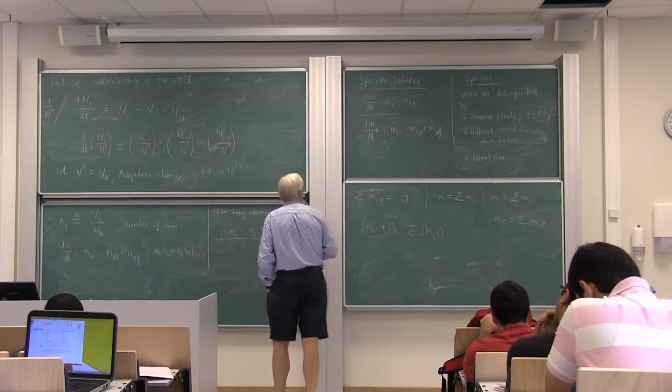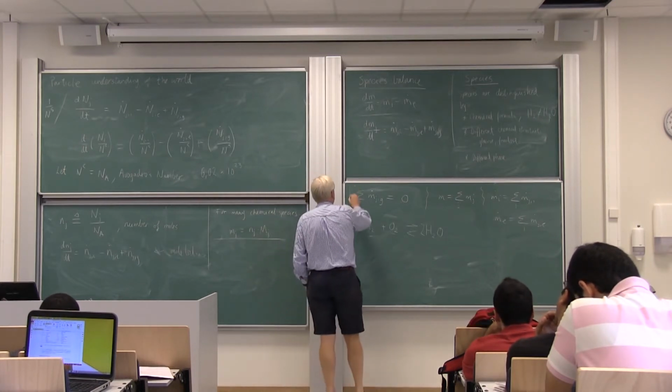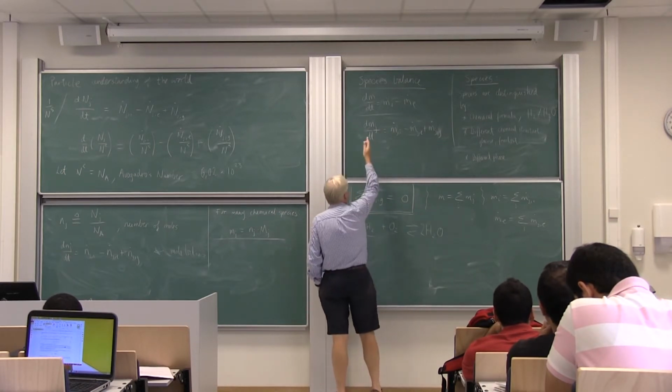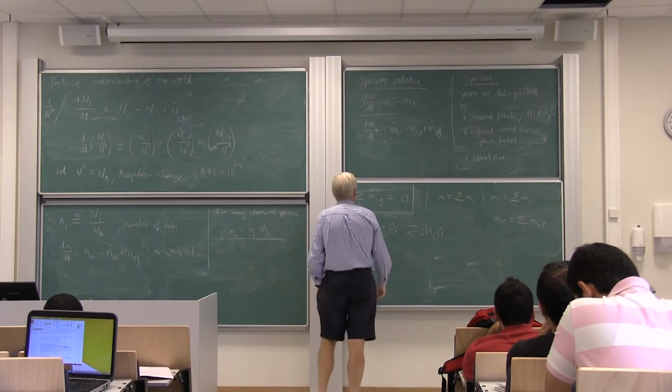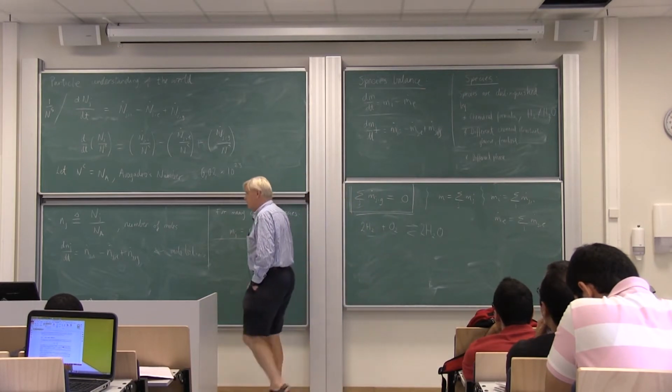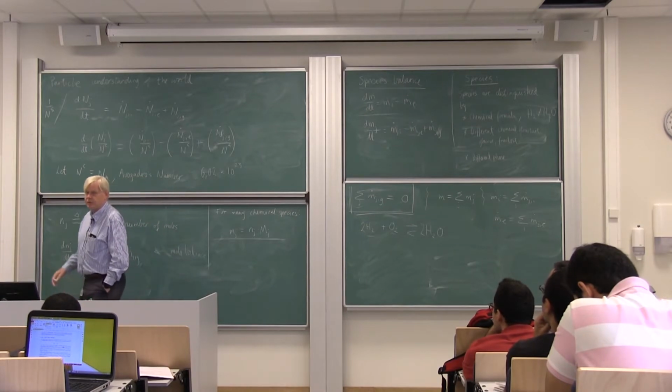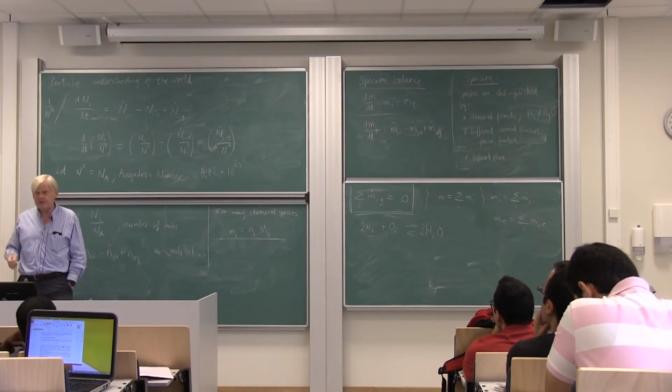So one of the key things we said is that when we use mass-based species balance, if we sum the generation of mass over all species, that is 0.